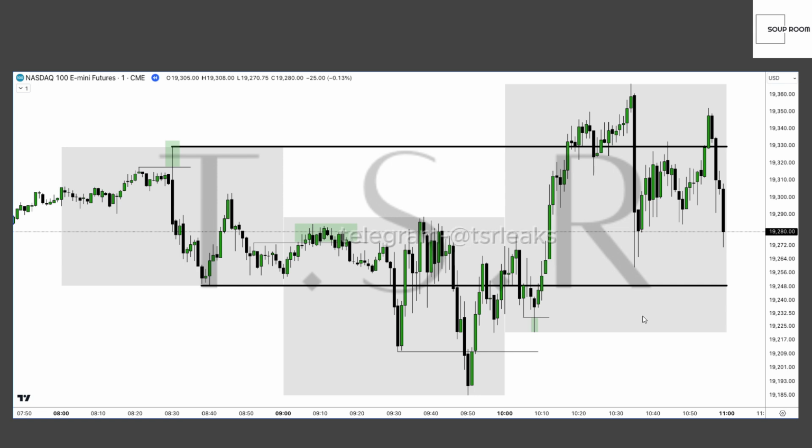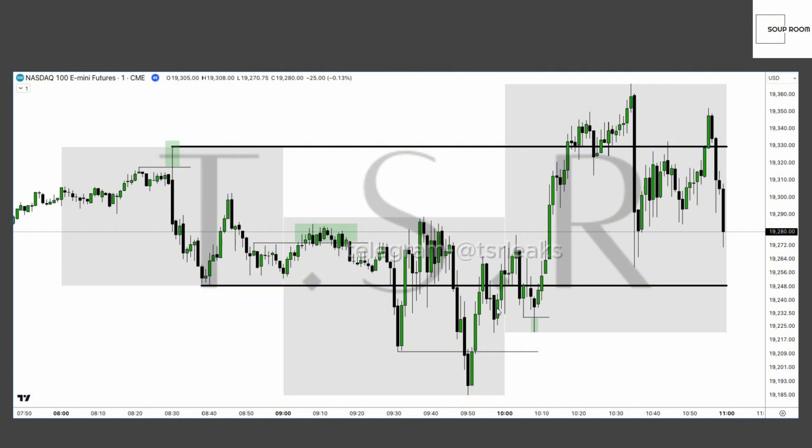Now, if you are executing a trade here, your goal would be to catch the distribution candle. The fastest and most high probability trades will come from the third candle of the CRT, hence the 10 a.m. candle right here. Price opens, forms a small range, manipulates a low, this is manipulation, and expands higher.